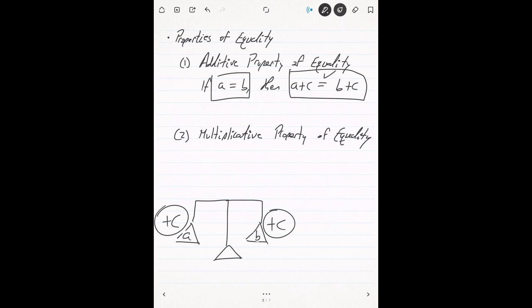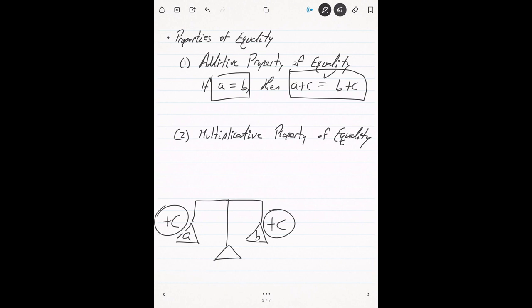So yes, if you add the same thing to both sides of an equation, it will stay equal. Hopefully that's something we remember from previous classes and previous pre-algebra work that we've done. But this is a little visual representation of what's going on. It's helpful to remember that when something is equal, it means you have the same quantity.